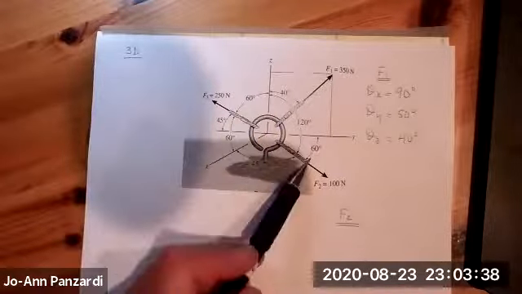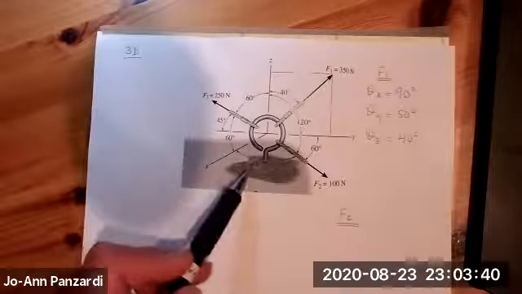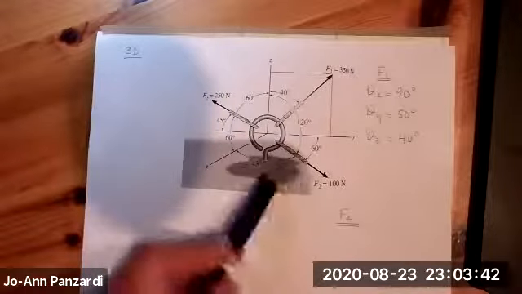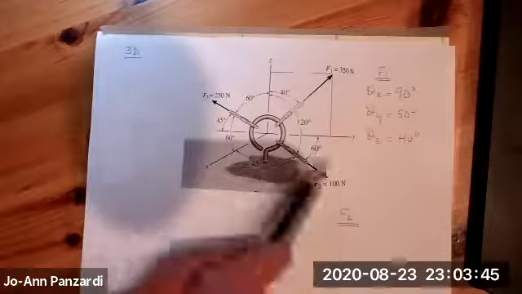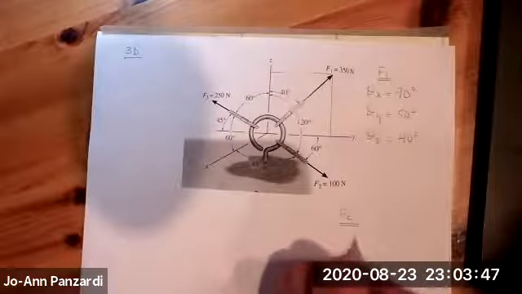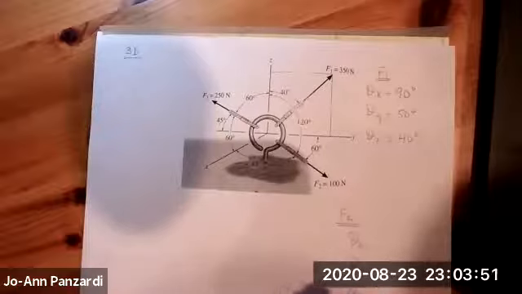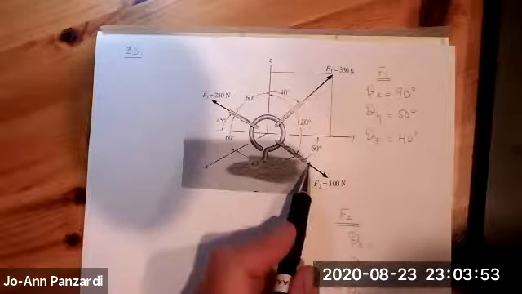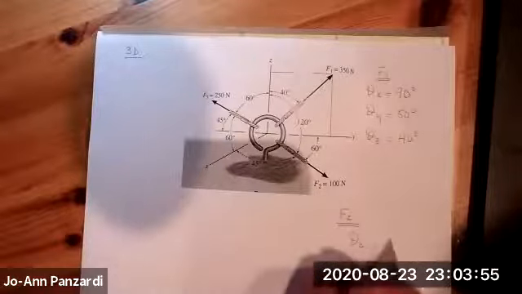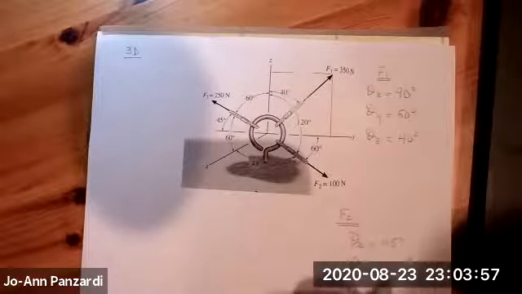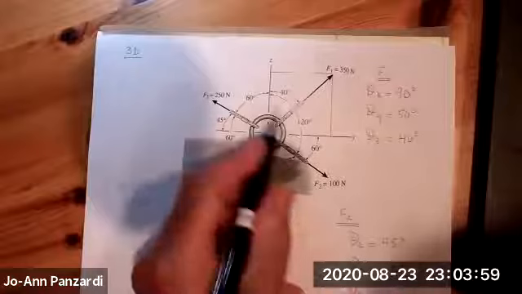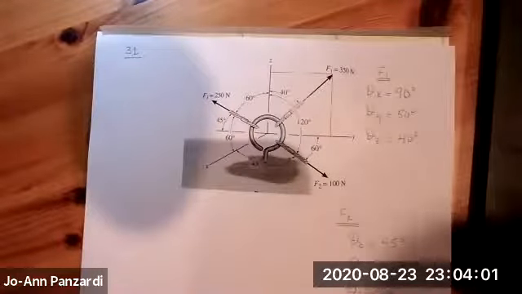You could tell by getting those three angles that this force does not lie on the XY plane. In fact, they're giving you what theta x, theta y, and theta z are. Theta x is 45 degrees, theta y is 60 degrees, and theta z is 120 degrees.